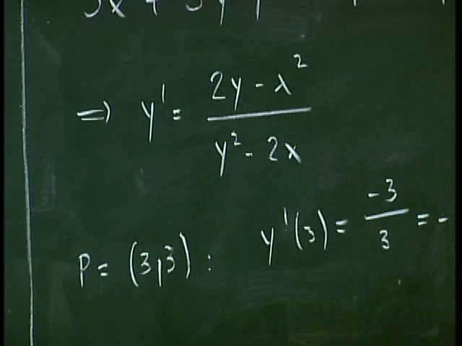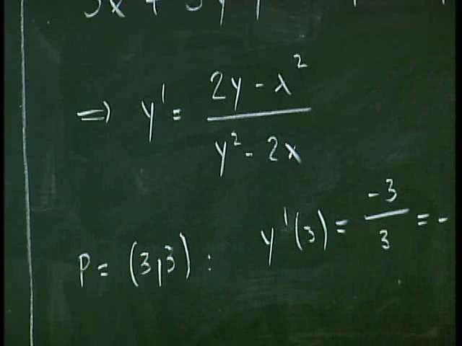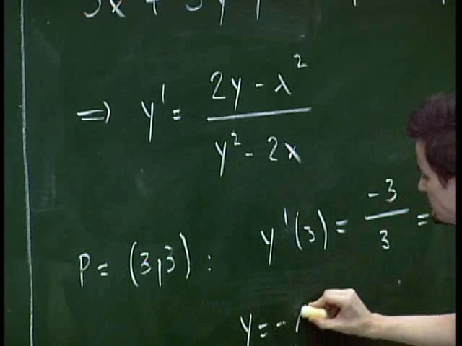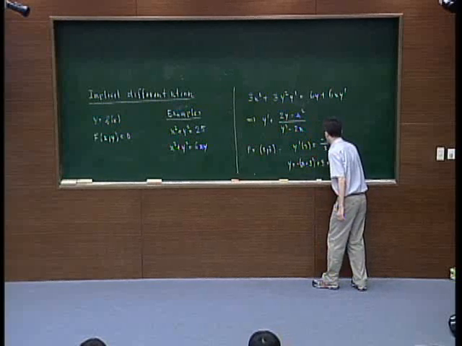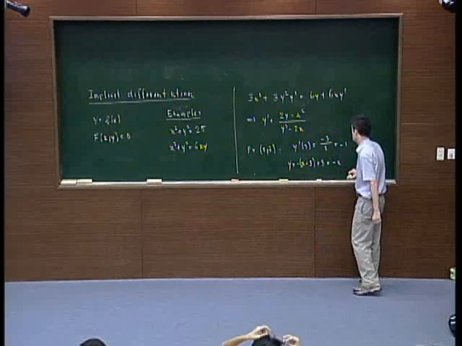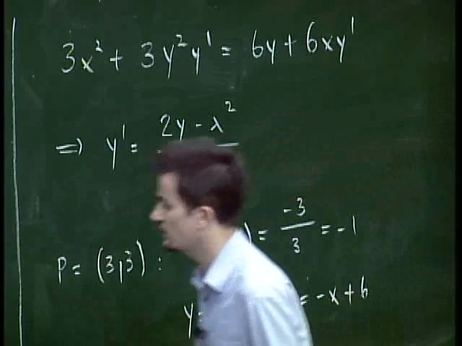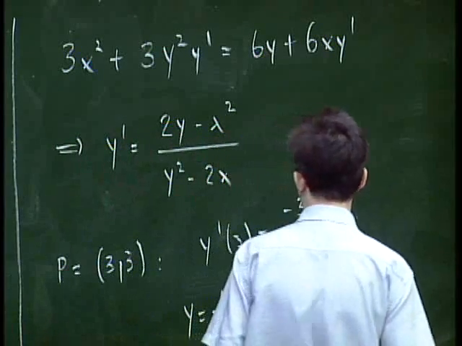This is 9 minus 6. Okay, it's correct. So the tangent will be minus x minus 3 plus 3, so you have minus x plus 3 plus 6. So for instance, you can easily find the tangent at some point.